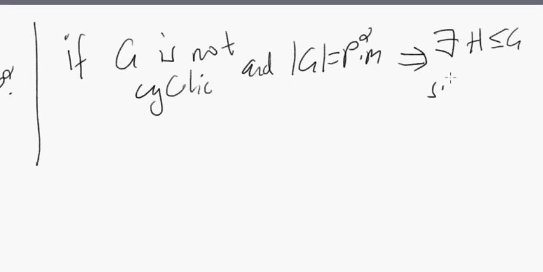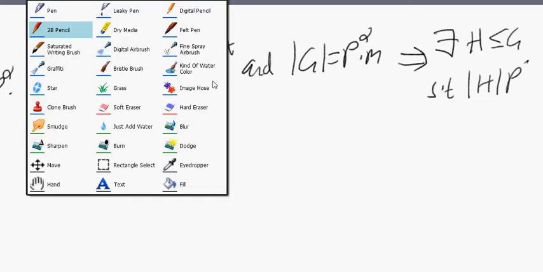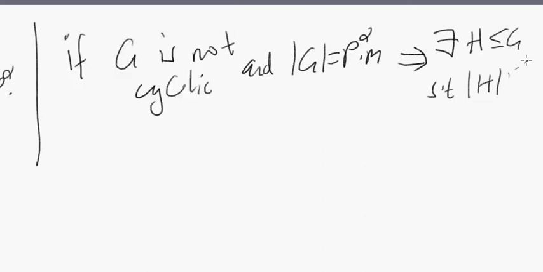Okay, we're getting ahead of ourselves here. Let's write that down clearly. Suppose we now prove that if G is not cyclic and the order of G equals p to the alpha times m, then there's some subgroup of order p to the alpha. Won't we have just proved the theorem?